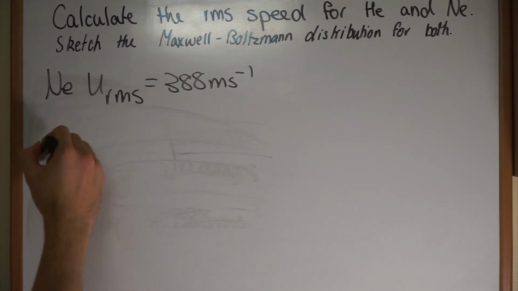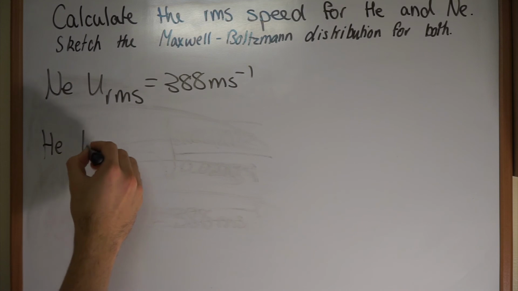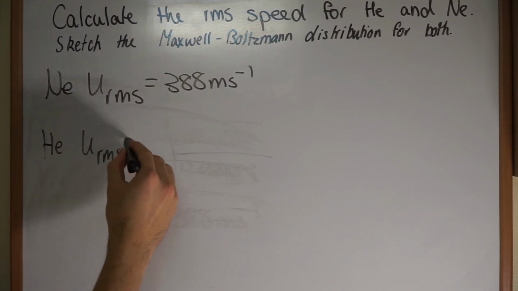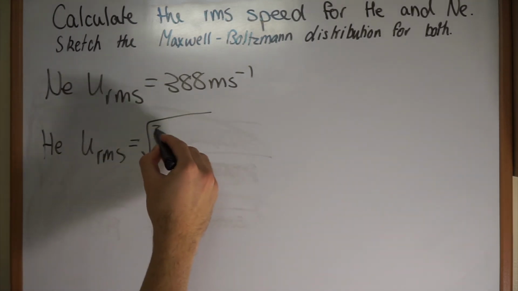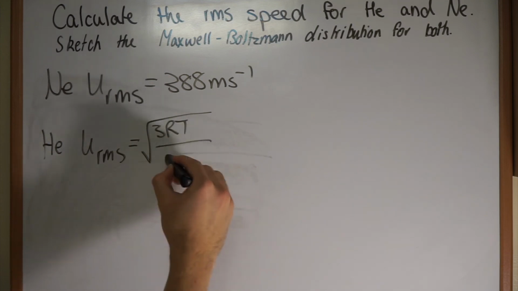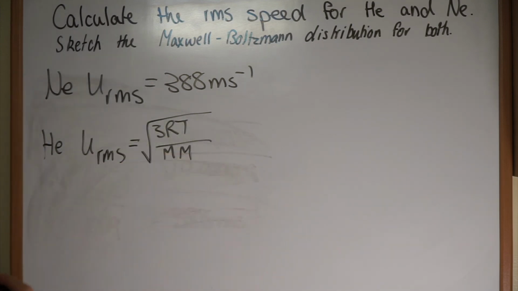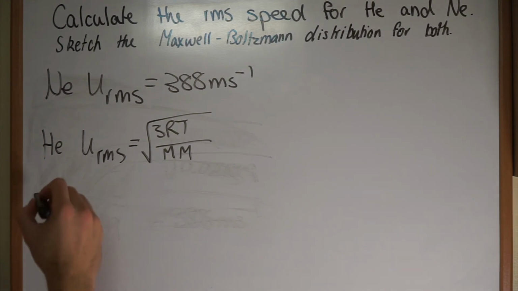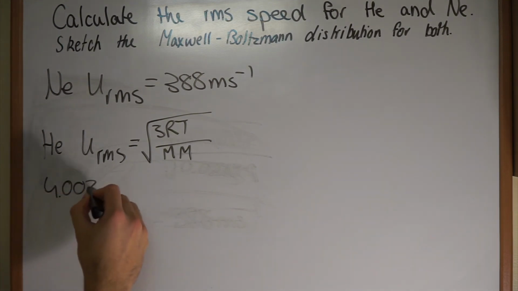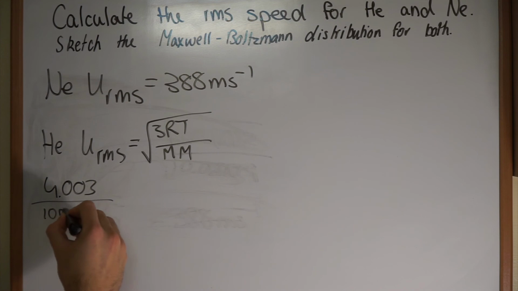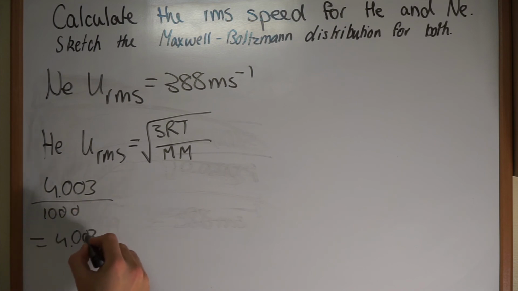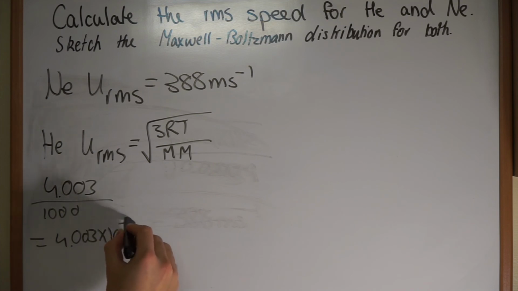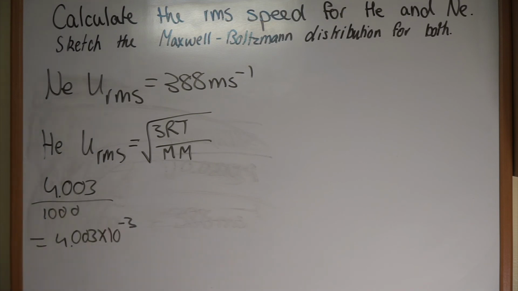So using the same formula, we're going to work out helium's molar mass, which is 4.003 divided by 1,000, which equals 4.003 times 10 to the minus 3. Now, you can just use the value of 4 because that 3 is very, very small.